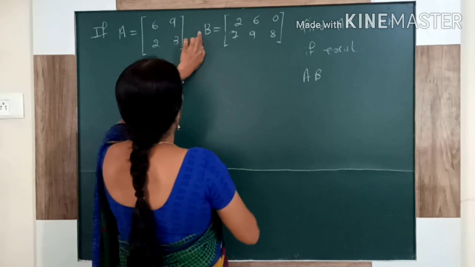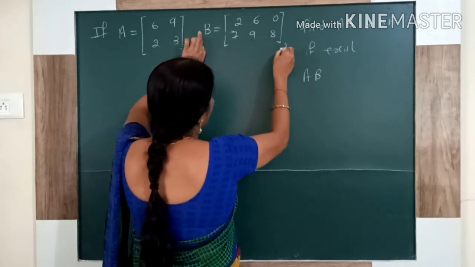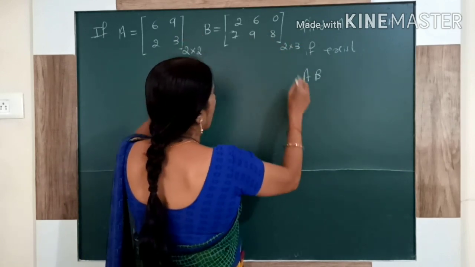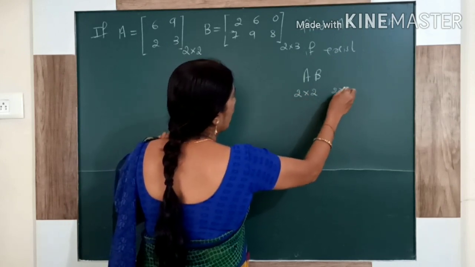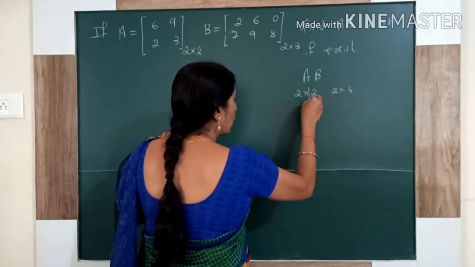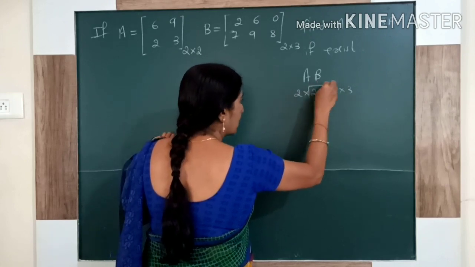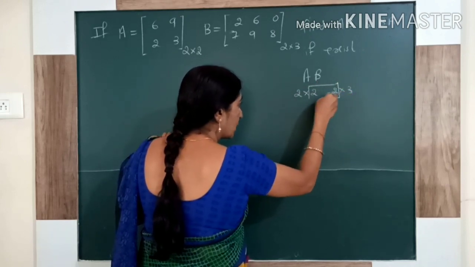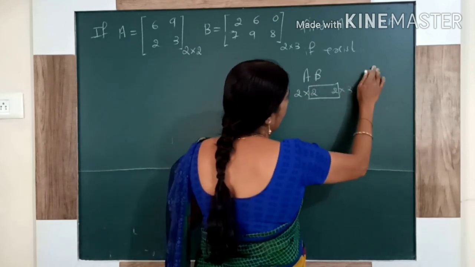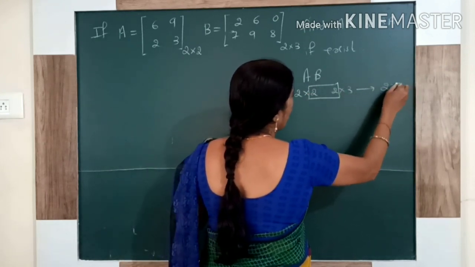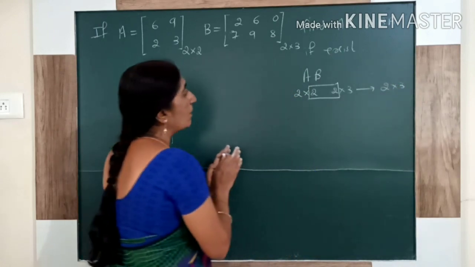What is the order of matrix B? This is of order 2 by 3. I am writing here, this is 2 by 2 and this is 2 by 3. See, the number of columns in the first matrix must be equal to the number of rows in the second matrix. Now they are equal. So we can multiply AB and its order is 2 by 3. So first we will complete that one.